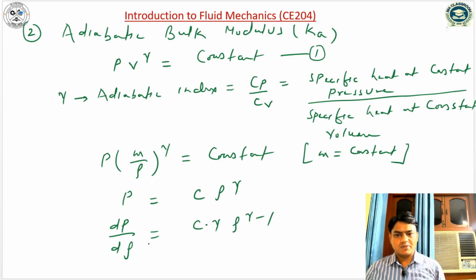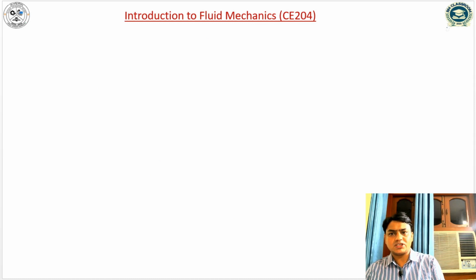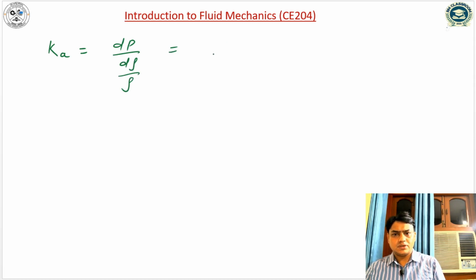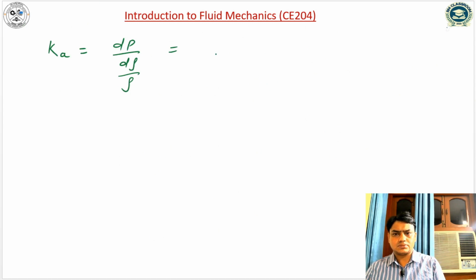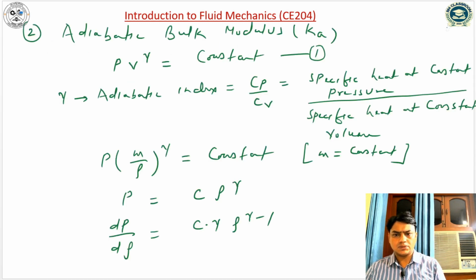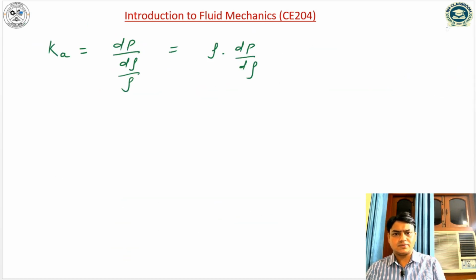So if I put the value of dP by d rho once again in the expression of bulk modulus, adiabatic bulk modulus Ka is equal to rho into dP by d rho, and dP by d rho we can write as C into gamma into rho to the power gamma minus 1.